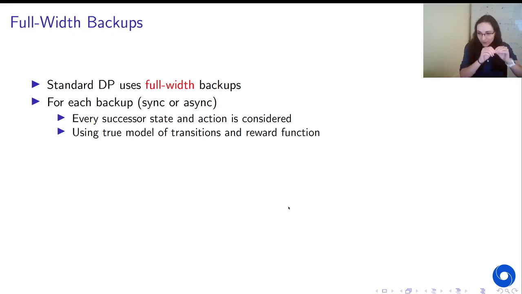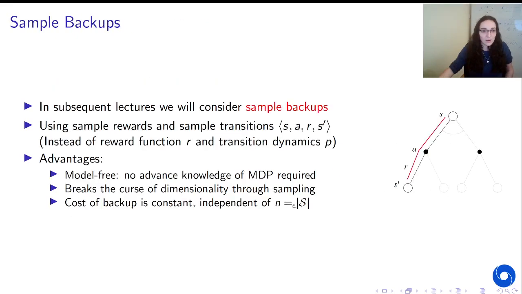So for every state, or every state-action pair for the Q function, we look at all of the successor states and all of the actions that span out of that state. And once we look at all of these conditions on all the actions, we do a full backup for that state.